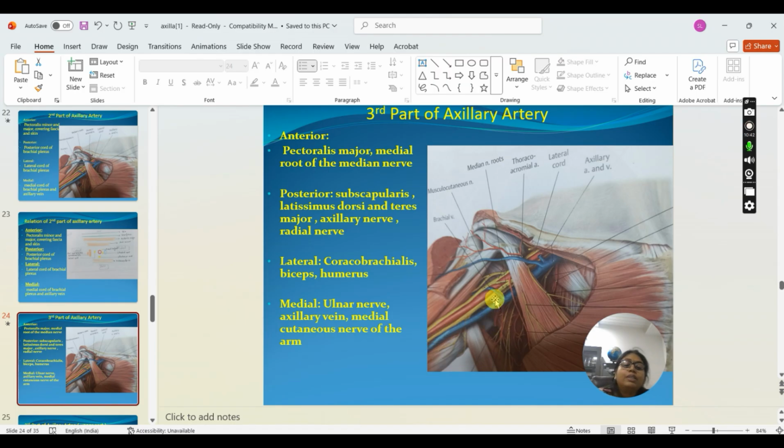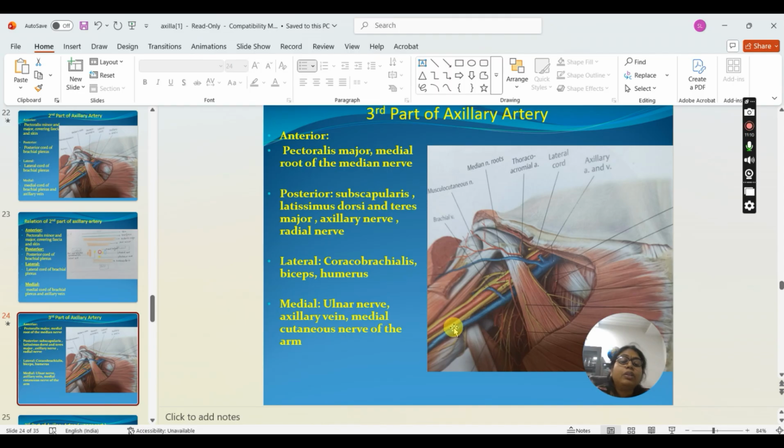If you lift the axillary artery, on the bed of this muscle we can have two things, the radial nerve and axillary nerve. So the radial and axillary nerve lie deeper, posterior to the third part of the axillary artery. If I lift the axillary artery, you can see two things.